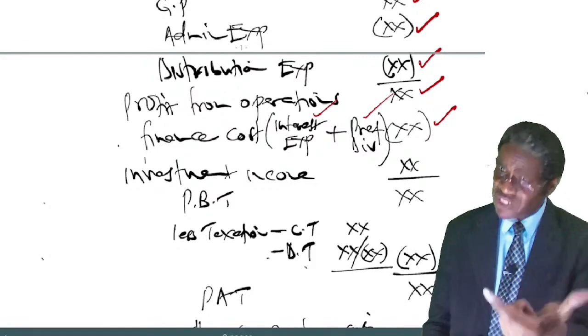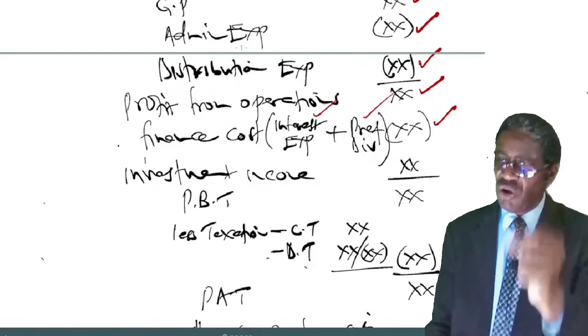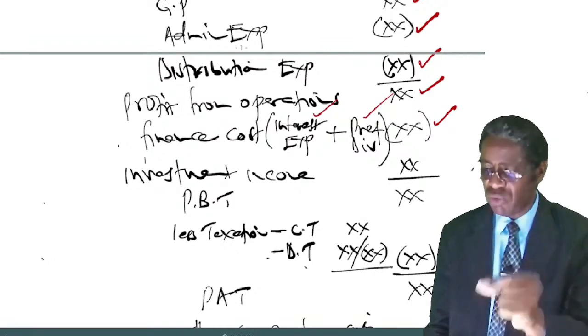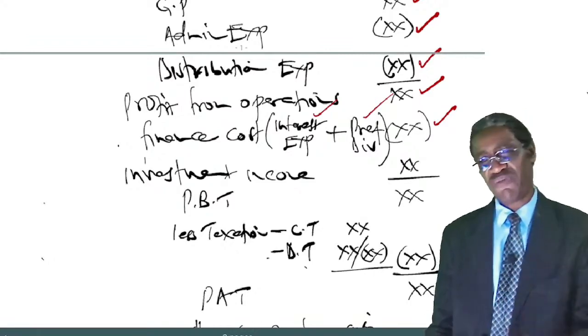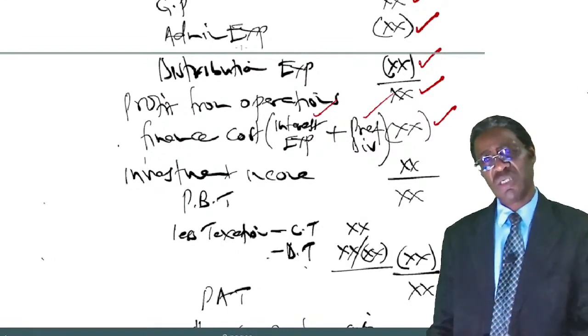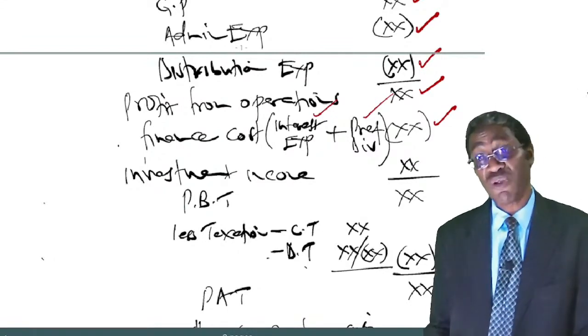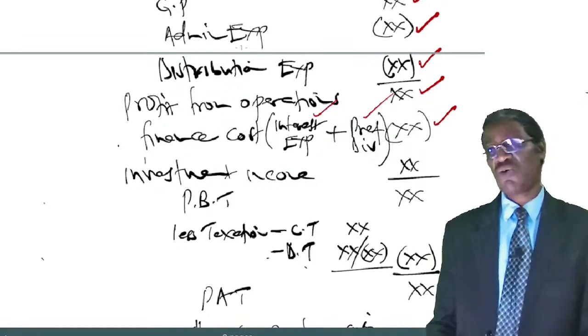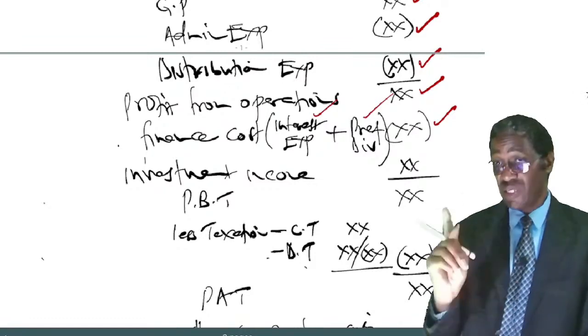I have emphasized it is only preference dividends on redeemable preference shares. Why? Because they are loans. You are borrowing through issuing redeemable preference, so the cost of borrowing is a finance cost. That cost of borrowing is called preference dividend.